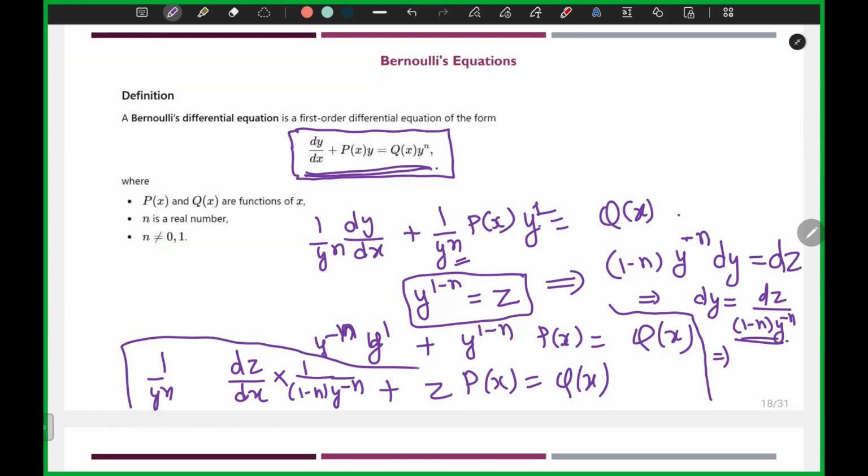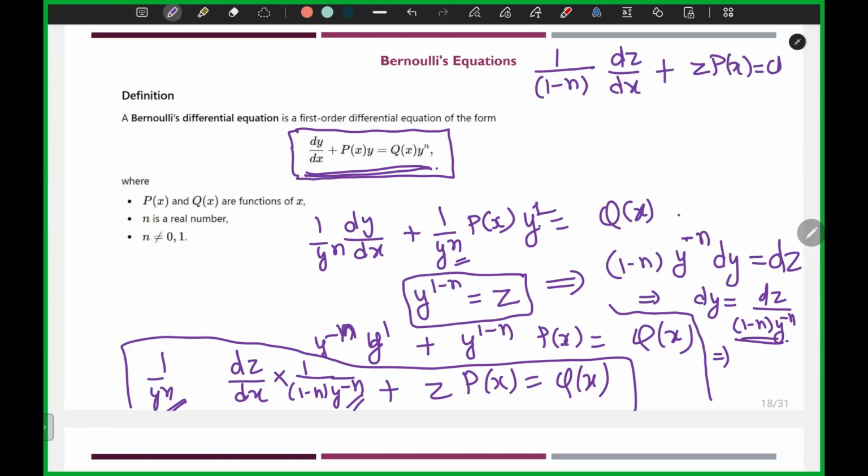So this becomes y to the power n minus n, which is y to the power 0, that is 1, dz by dx plus z p(x) equals q(x). Is this part clear?